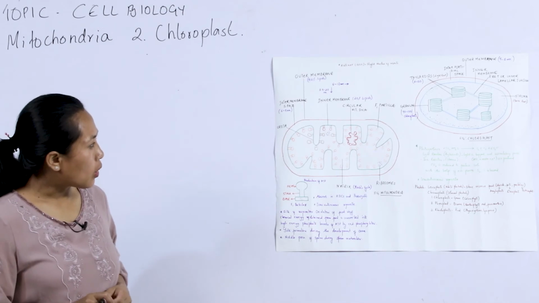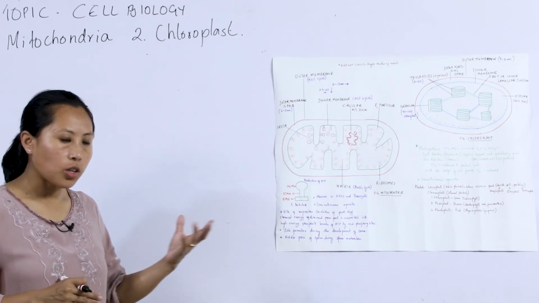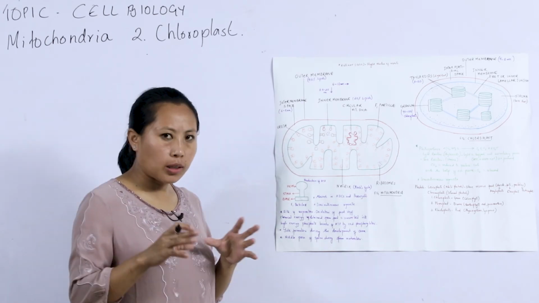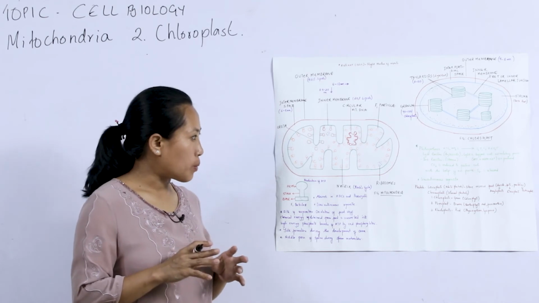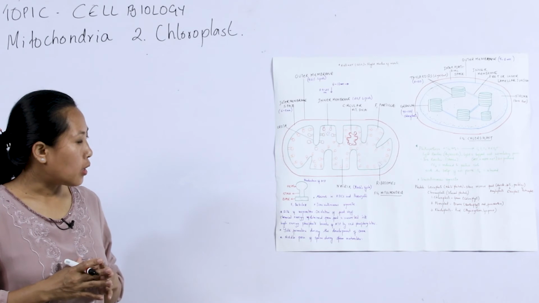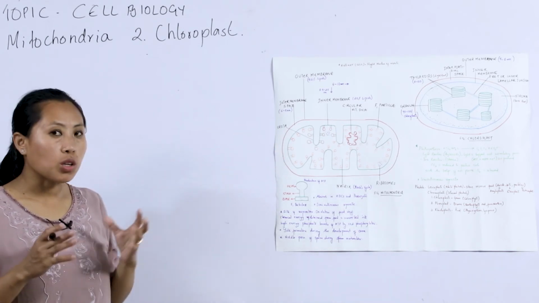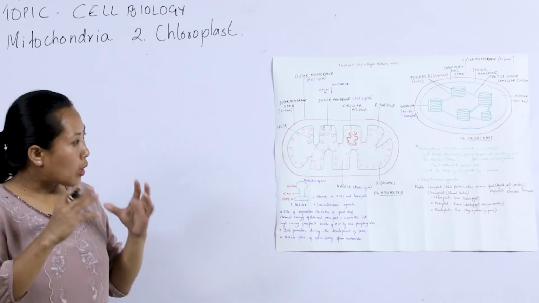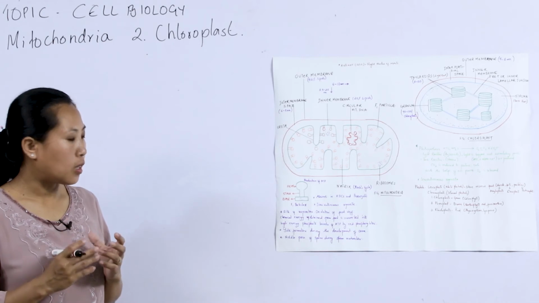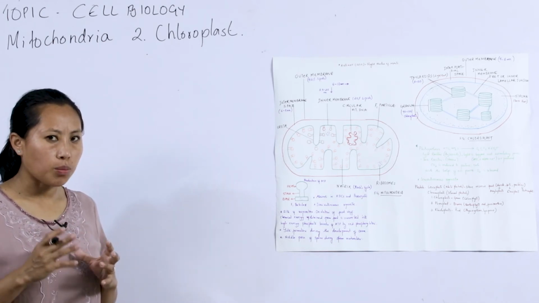The light reaction takes place on the thylakoids, while the dark reaction takes place in the stroma. During the light phase, light is trapped, and assimilatory powers like ATP and NADPH, which are energy rich molecules, are produced.